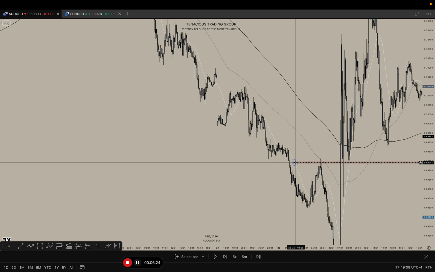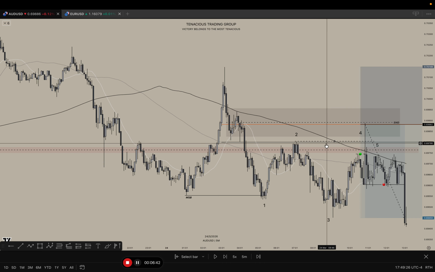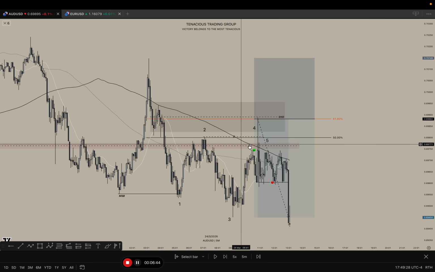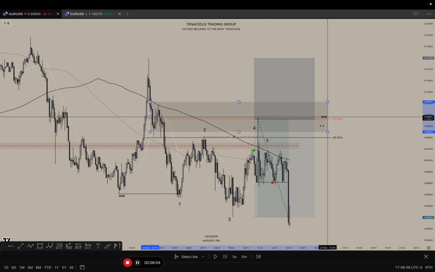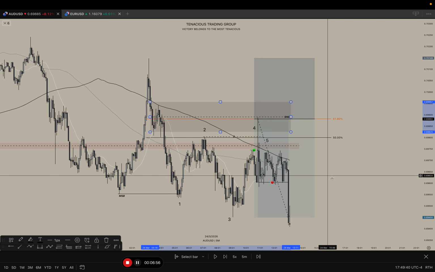Because if I keep dragging it across, we can see how that area of support and resistance is not a random area. So you can also use that as an extra confluence where price rejected off that level, and then now price wants to potentially head lower, and we've now taken out our previous lower low. Price tapped into an area of supply and demand, and price now headed lower.